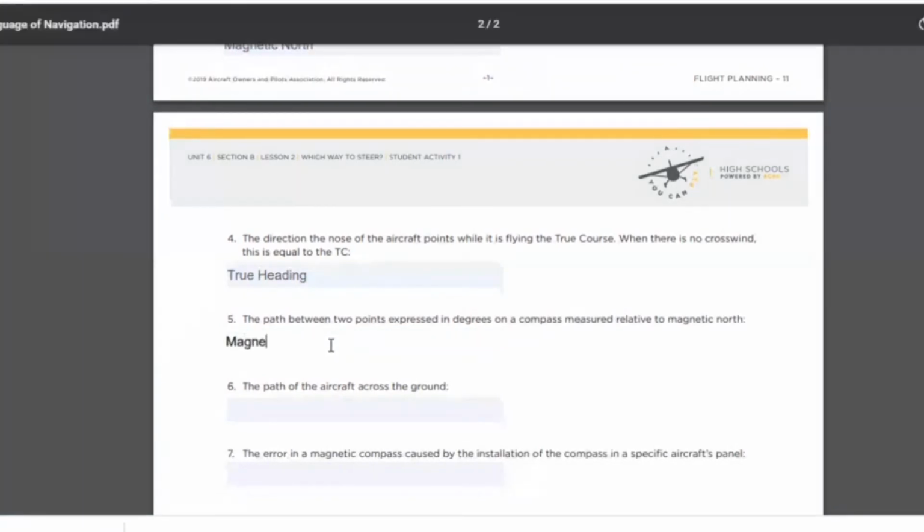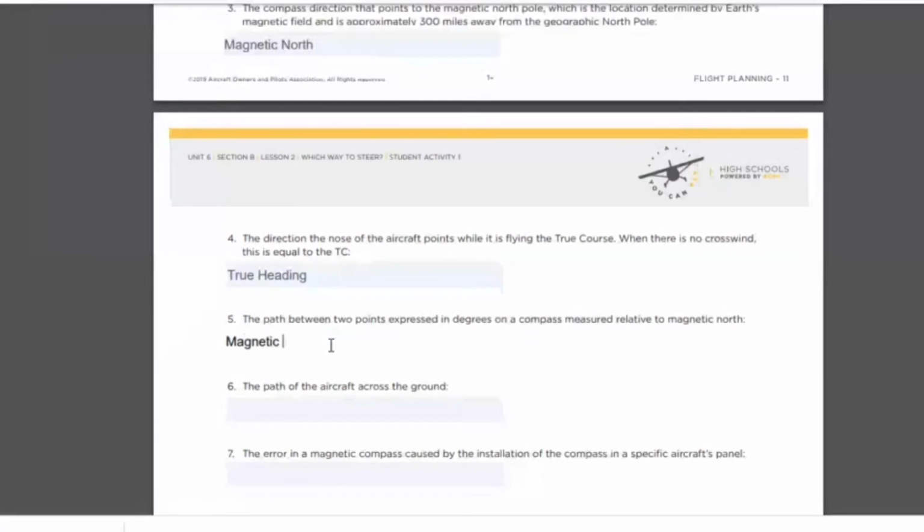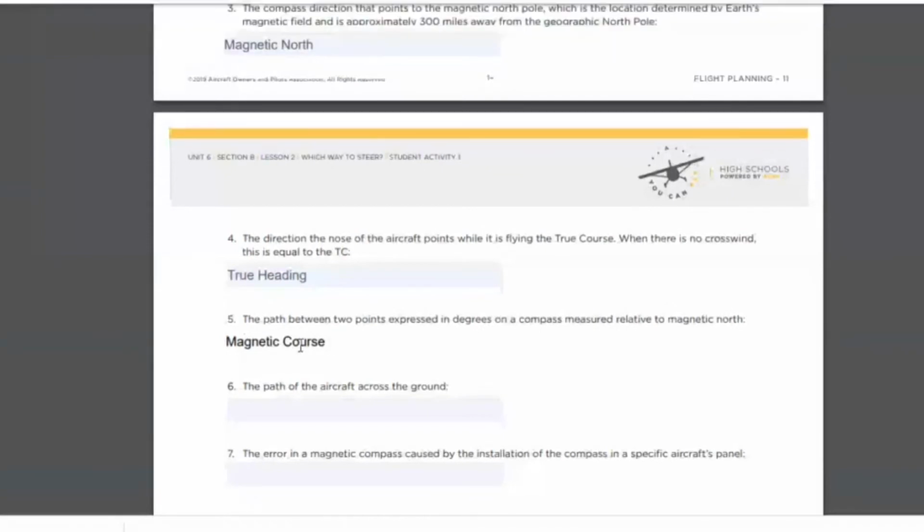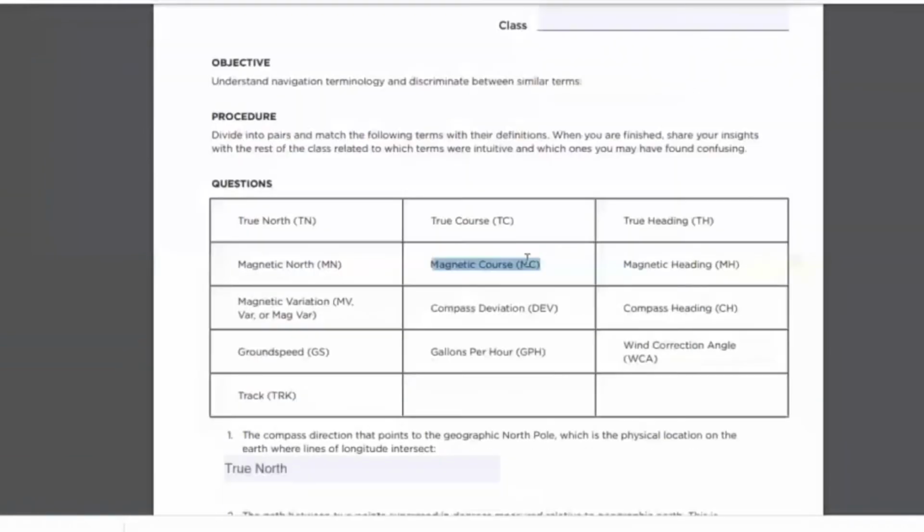Or if you've already corrected for wind, it would be a magnetic heading. A magnetic course is not corrected for wind; a heading is.